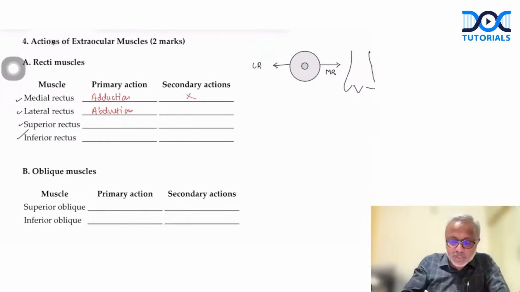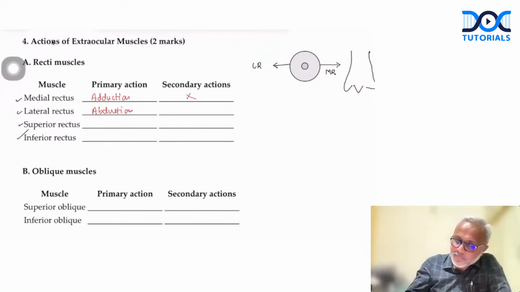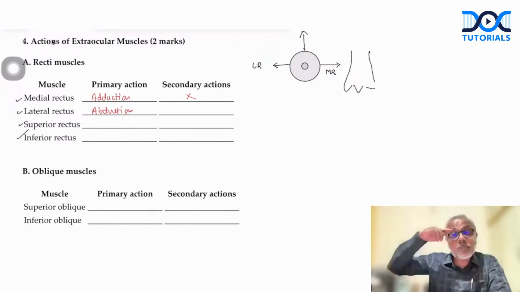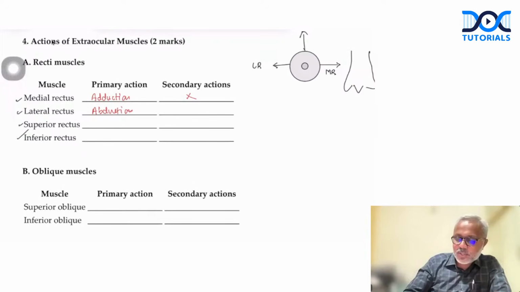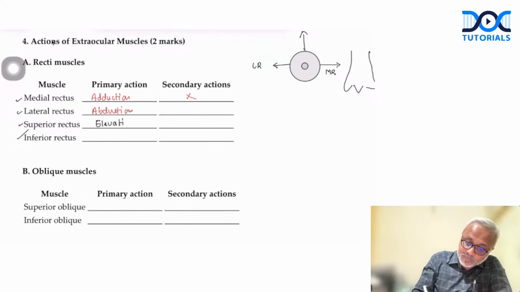Now, how about the superior rectus and the inferior rectus? Remember, the superior rectus will bring about the upward movement of the eyeball. So what is this upward movement? We refer to it as elevation.